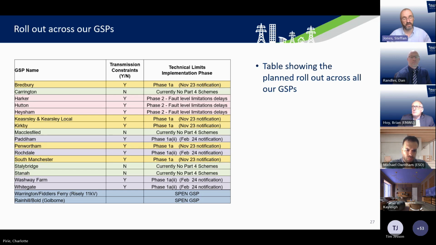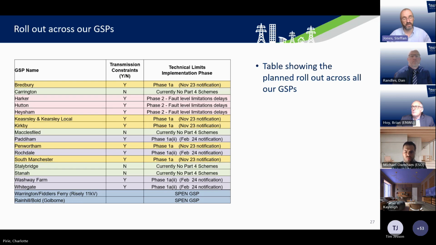And we'll basically be contacting each party that would be eligible to go into those technical limit operations on each of those GSPs, and checking if they're interested, talking to them about dates, talking to them about plans, and also discussing what may or may not be required over and above current processes, designs, to enable that to happen.